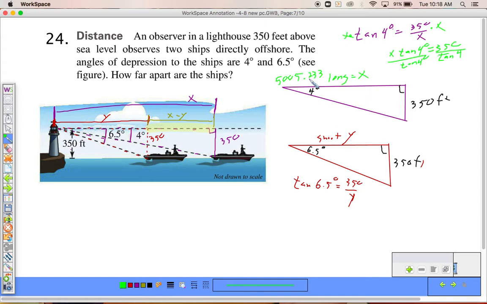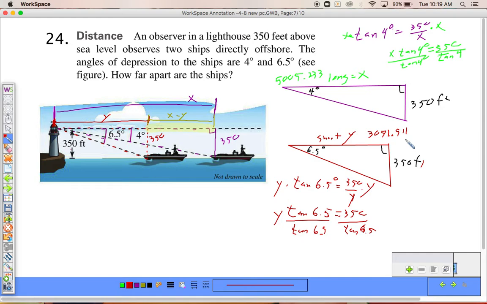All right. Down at the bottom, I'm going to multiply by y and divide by the tangent of 6.5, not 3.5. And I'm going to get 3,071.911. Those are my two distances.